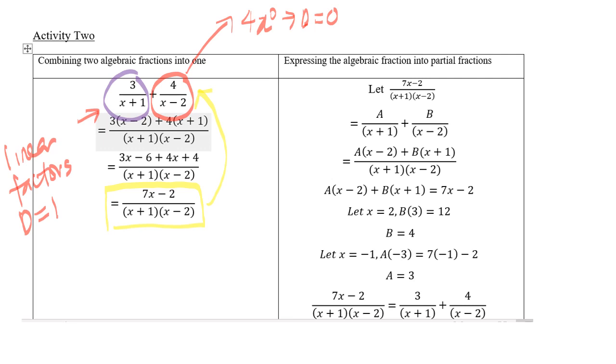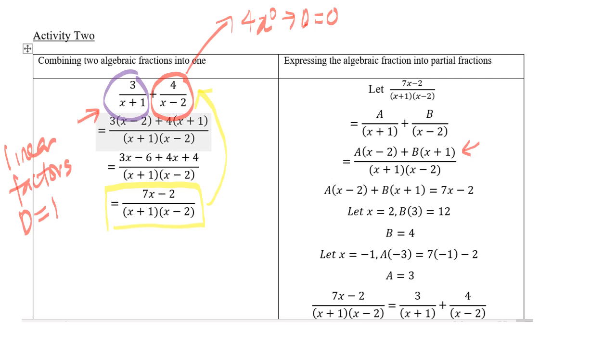So a and b are 2 constants that you need to find. The common denominator would be x plus 1 and x minus 2, and then you take a times x minus 2 plus b times x plus 1 for the numerator.